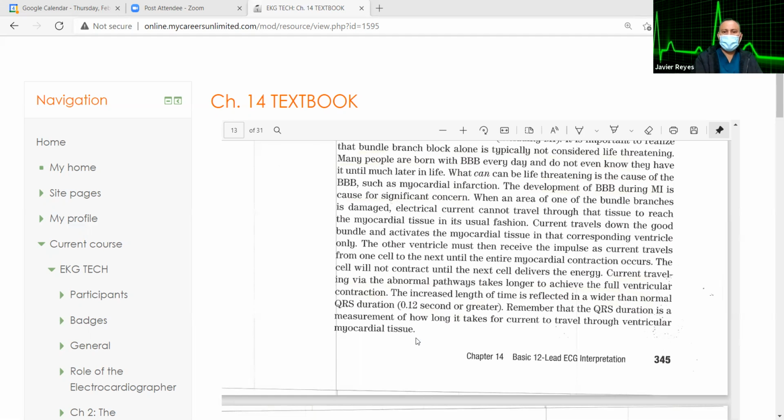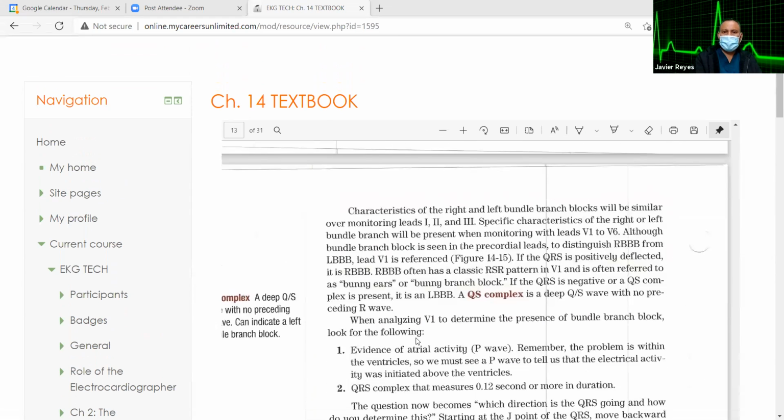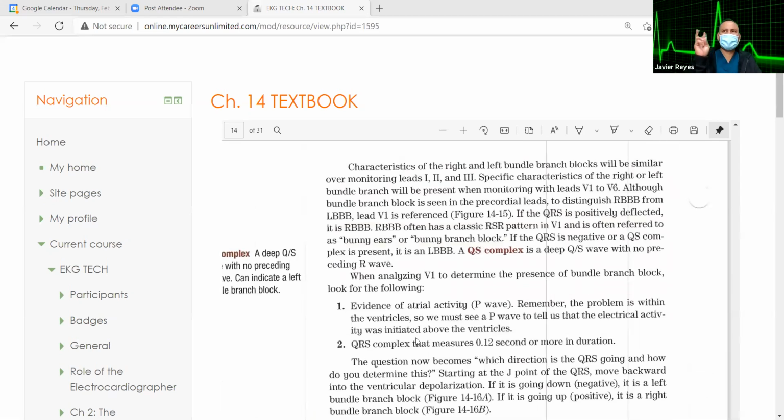So what is the problem with bundle branch blocks? What are the common characteristics of a bundle branch block? If you recall, you have a wide QRS, a widened QRS. Why? Because it's taking longer for the depolarization of the ventricles. The signal's already past the bundle of His.